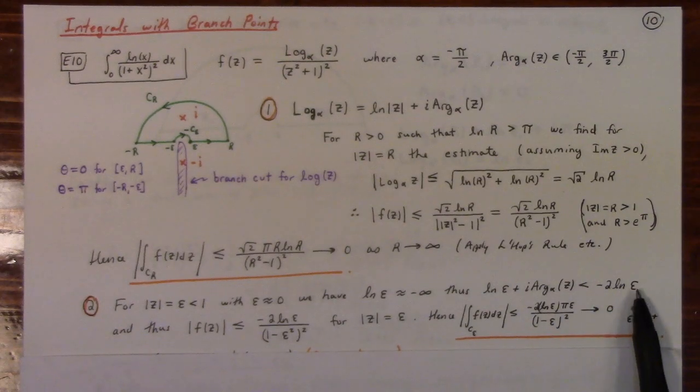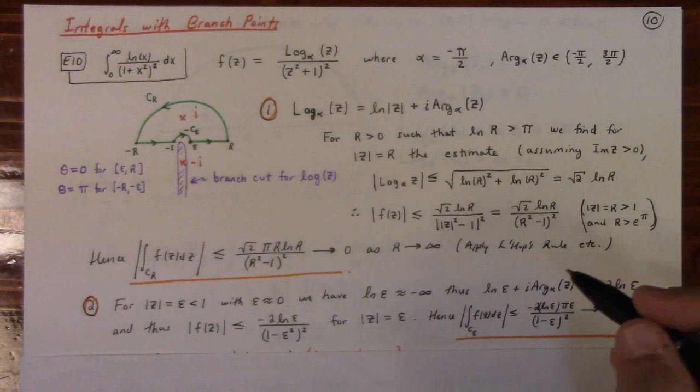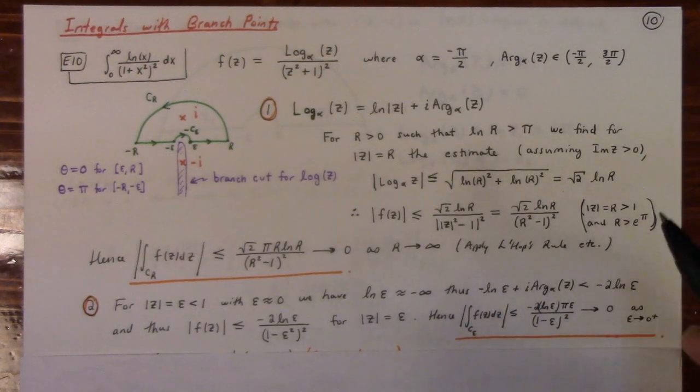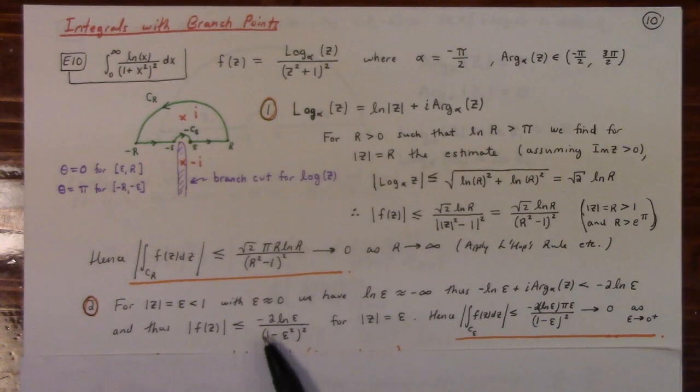See, because certainly this here, and I probably need a minus. I probably should put a minus there. But definitely this is going to be dwarfed by another minus log epsilon. That's way bigger than any angle you can pick there. So we get this estimate, this bound for the modulus on the little indentation half loop. And so then again, by the ML theorem, in the limit epsilon goes to 0, this piece goes to 0.